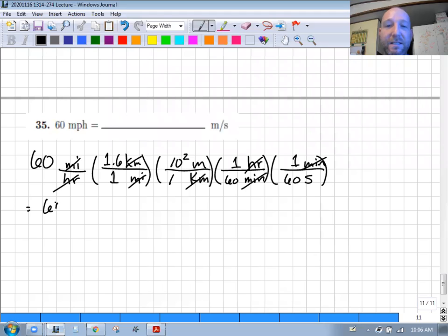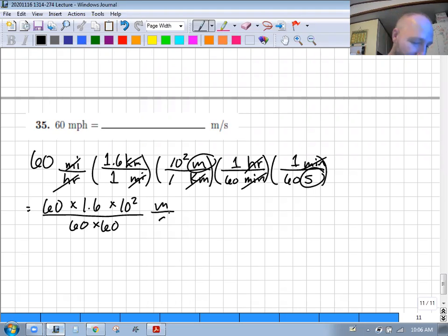So we got 60 times 1.6 times 10 squared over 60 times 60 meters per second. See, the 60s here can go away.